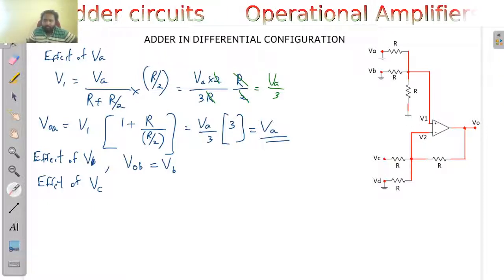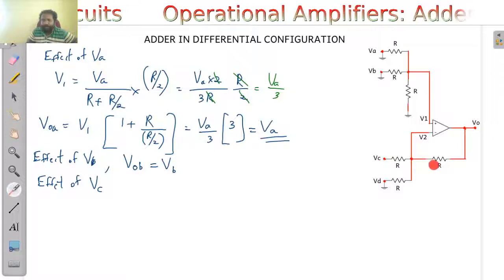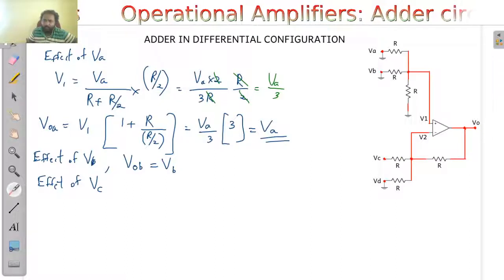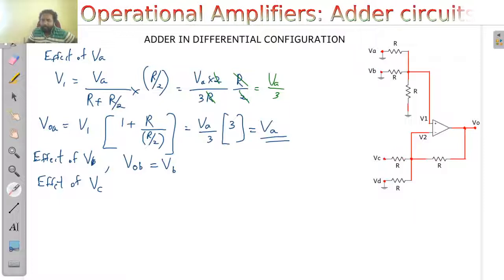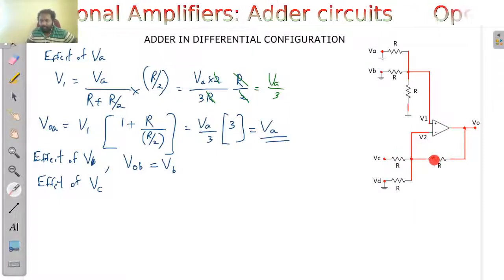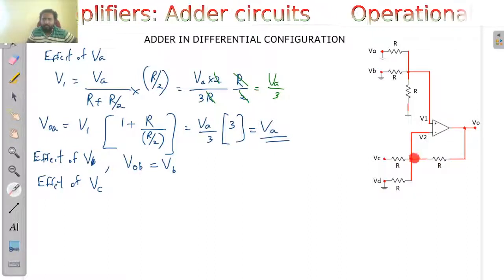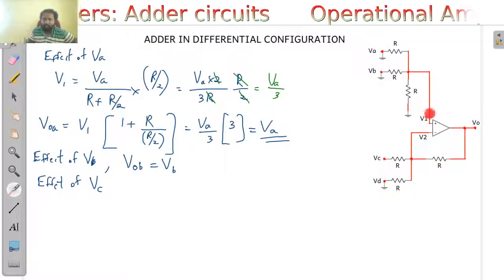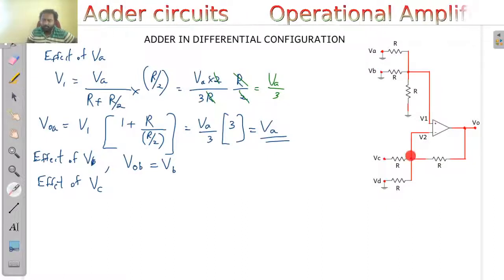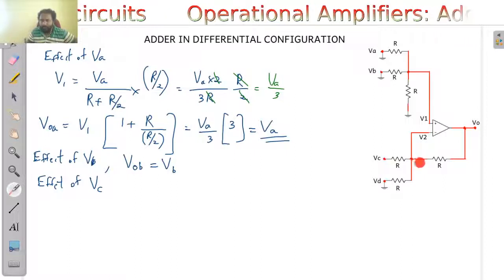Then you can say that VC is subjected to an inverting amplification, where the gain is minus RF by R. Here RF is R, and R is R itself, and this is a voltage equal to V1, where V1 is 0. So similarly, according to the virtual ground condition, this is also 0.